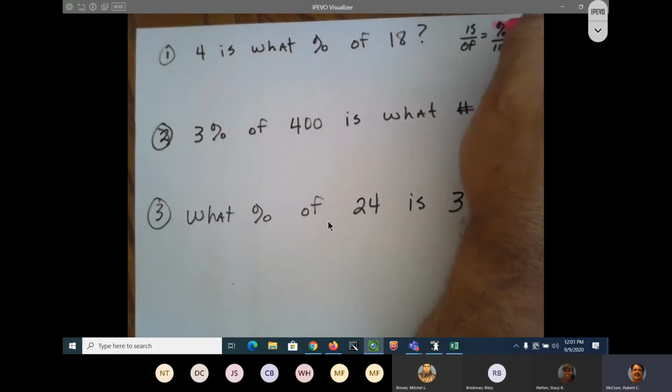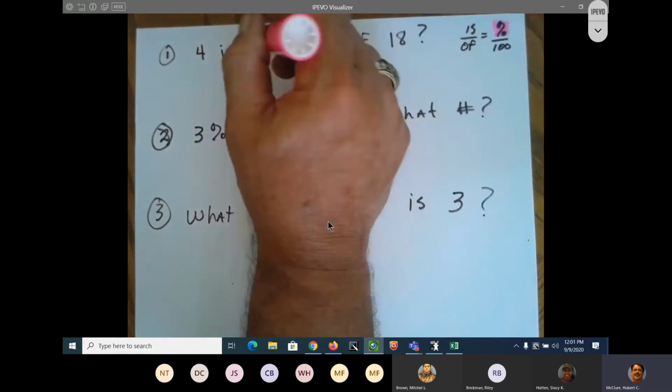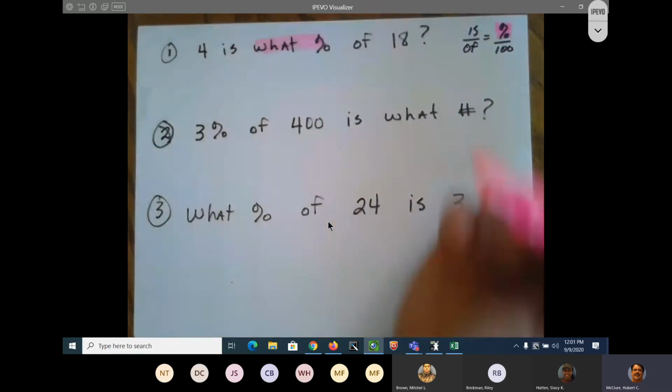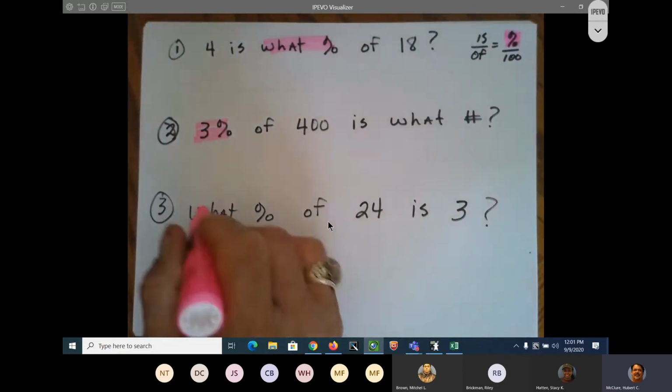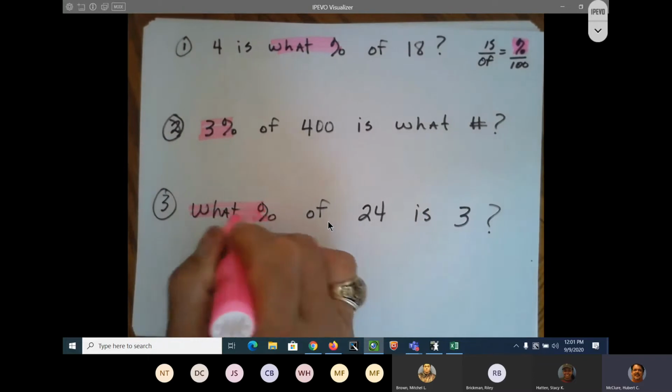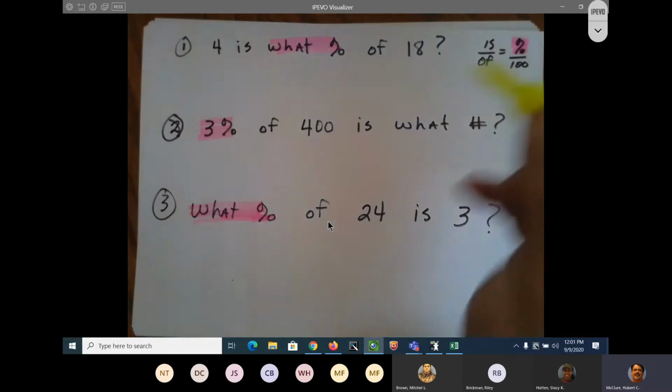So here that's going to be X, here it's going to be 3, and here it's going to be X. Yellow, I'm going to make is.